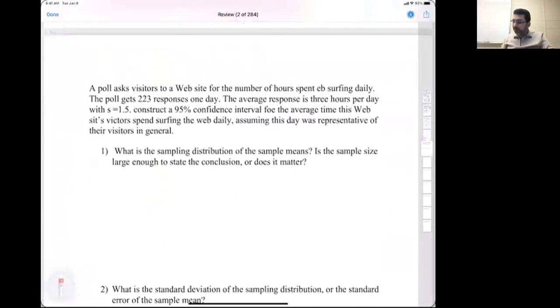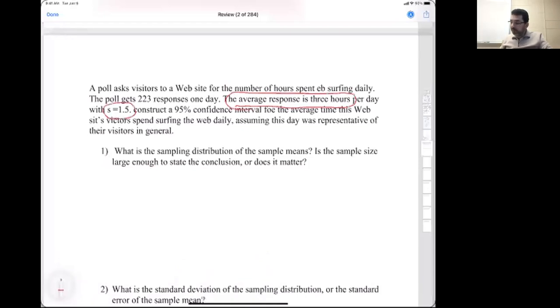Suppose a poll asks visitors to a website for the number of hours spent browsing daily. The poll gets 223 responses one day. The average response is 3 hours per day, with a standard deviation of 1.5.